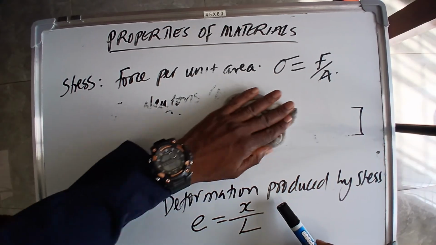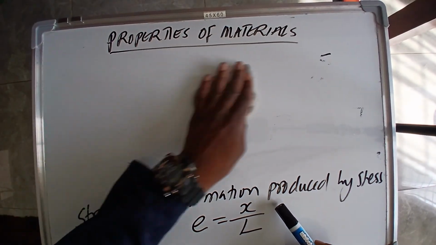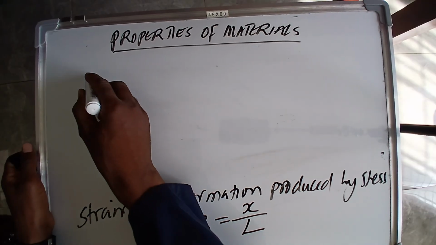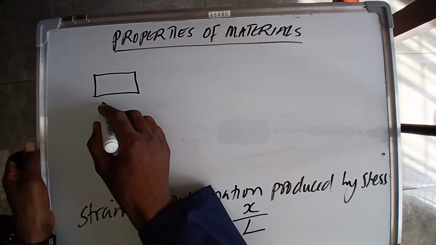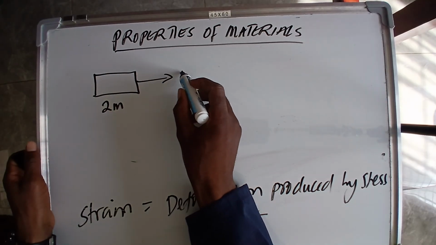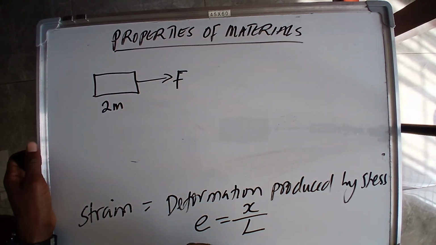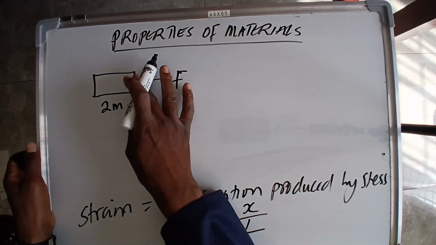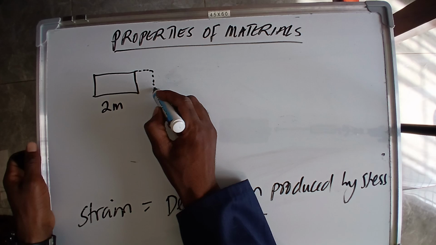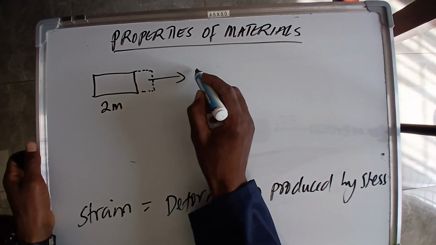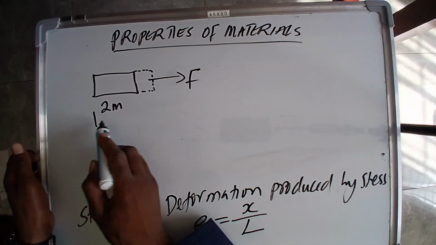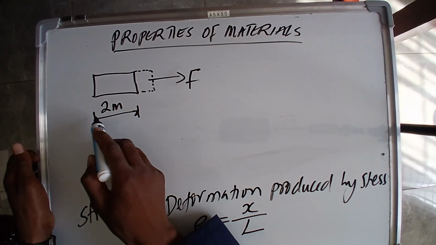Let us explain it further. If I have got a material that is 2 meters and it's being pulled by this force F, when it's being pulled, it's going to extend by some distance. Now this is the original length, 2 meters.